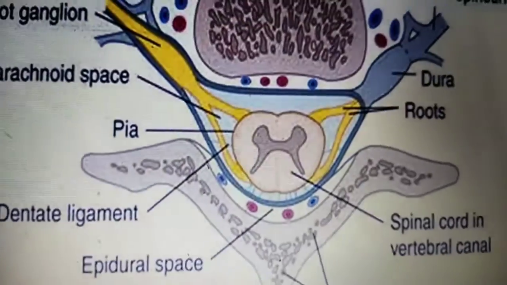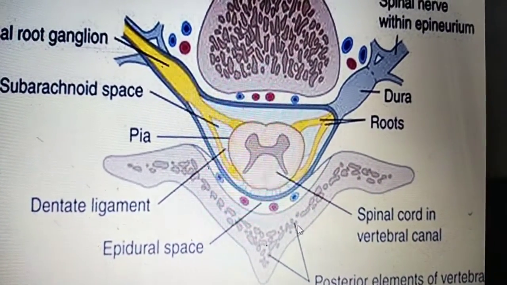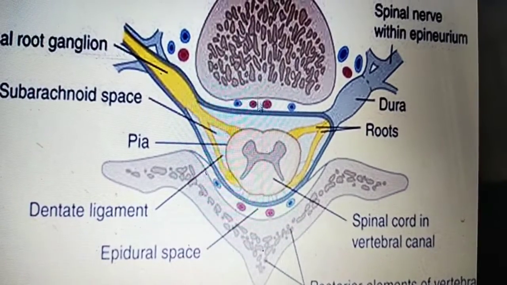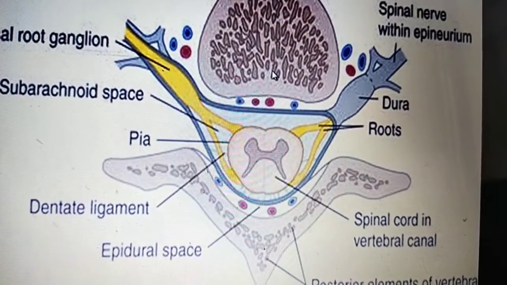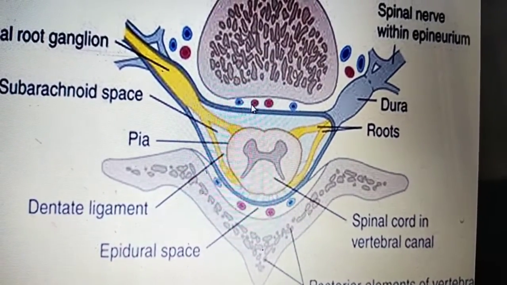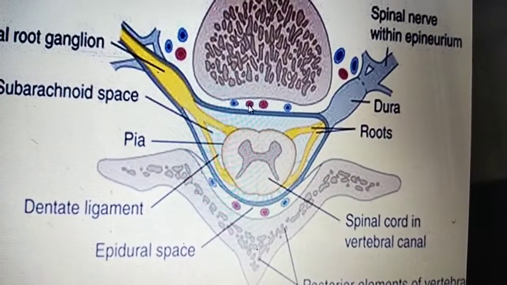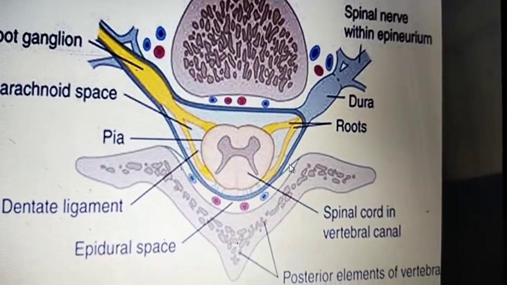You can see here in this picture clearly. This is the body, these are the processes, and the space in between the vertebral wall and the dura mater is the epidural space and contains the fat and arteries and veins.